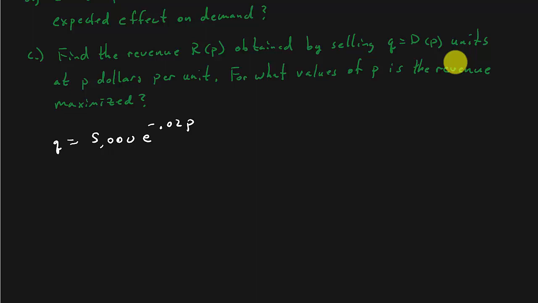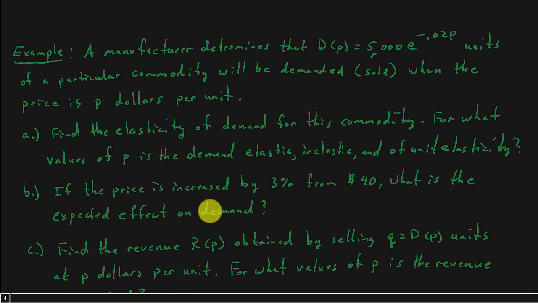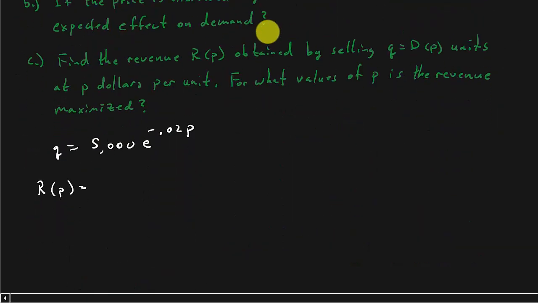So remember, the revenue, we'll call that R of P, is equal to the number sold times the price per unit, which is P. So this represents the number sold, this represents the price. Isn't that revenue? The price times the number sold. So that's actually just P times Q.